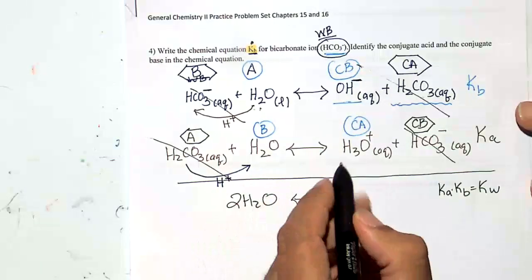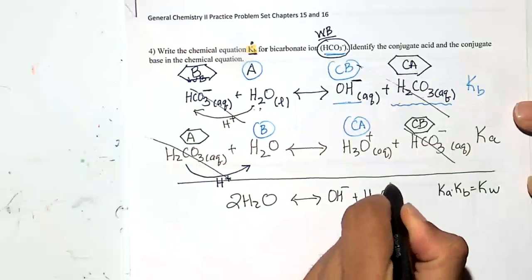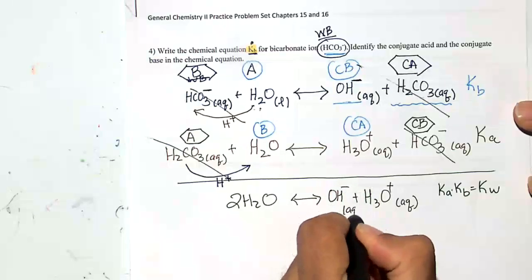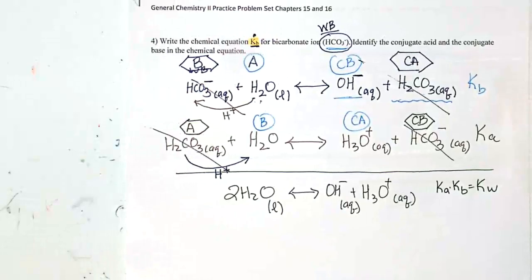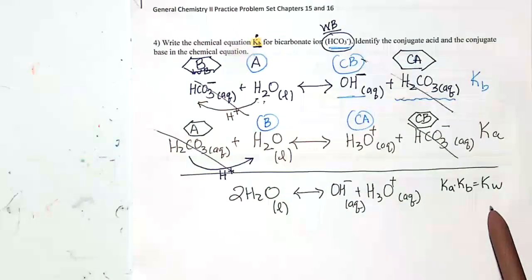It's actually doing acid-base on itself, giving OH minus plus H3O plus. So that's why Ka times Kb is equal to Kw.